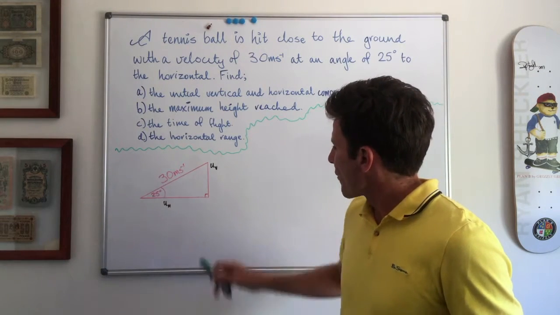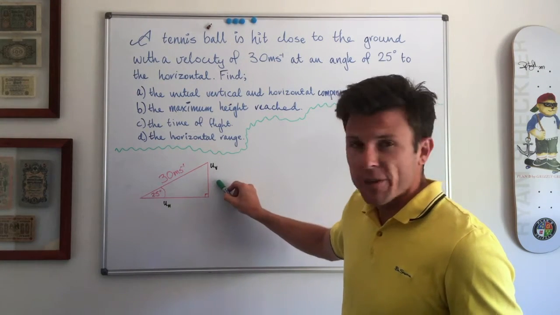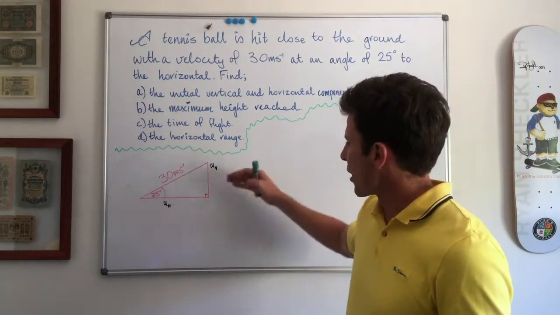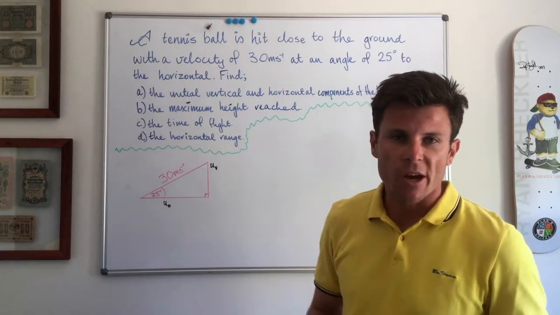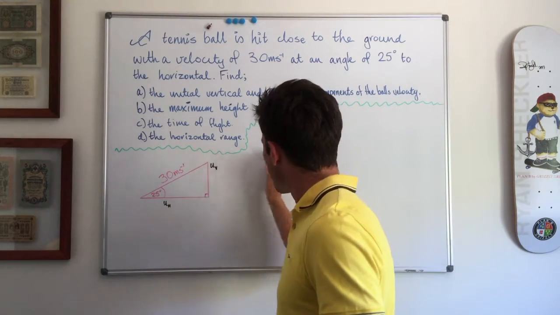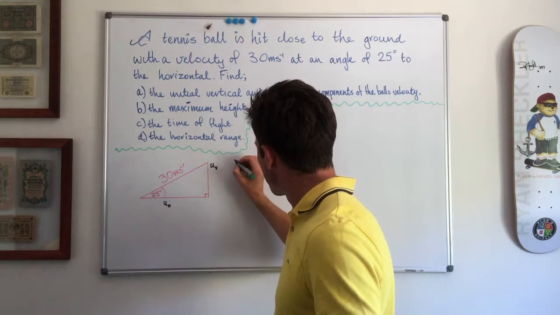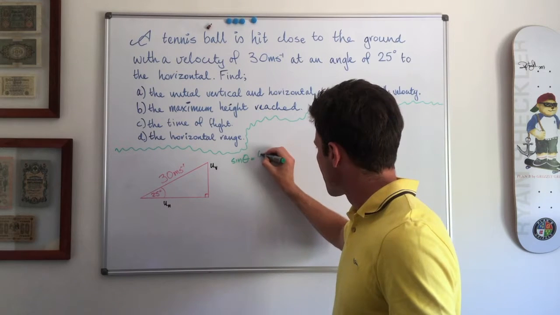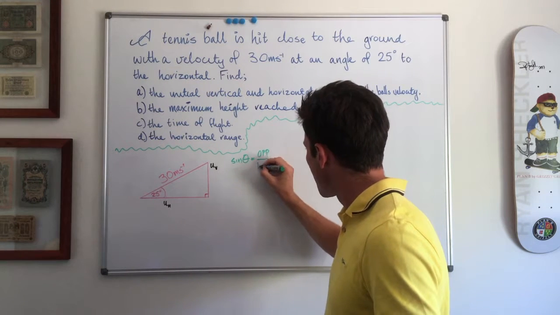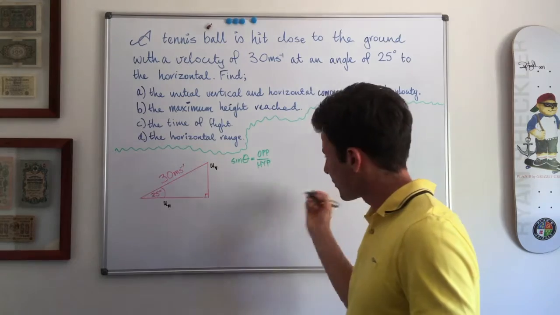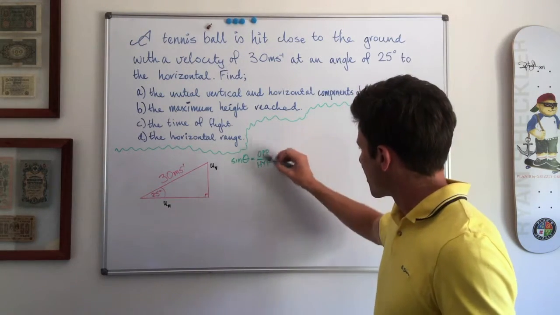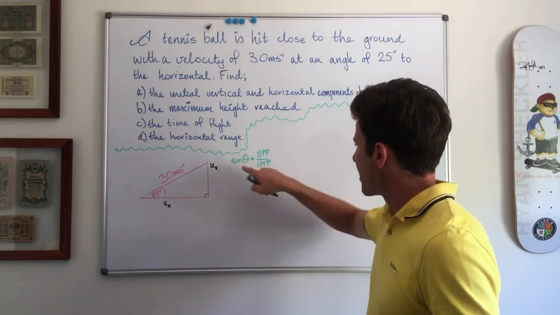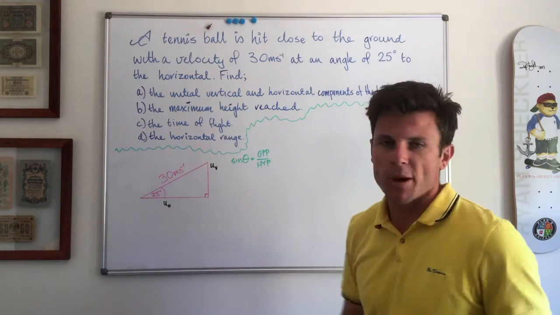The vertical side on this vector triangle is the opposite to the angle. The trigonometric ratio which relates the opposite and the hypotenuse is sine. So the sine of any angle is equal to the opposite side divided by the hypotenuse. Rearranging, the opposite side, which is what we need, is equal to the hypotenuse multiplied by the sine of the angle.